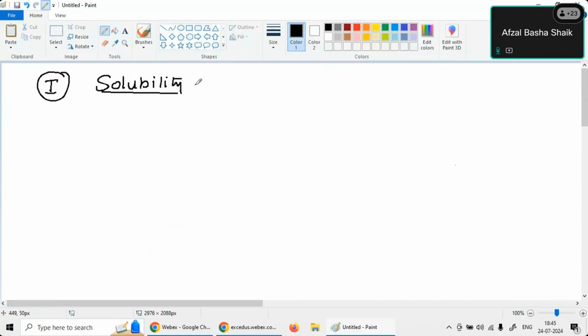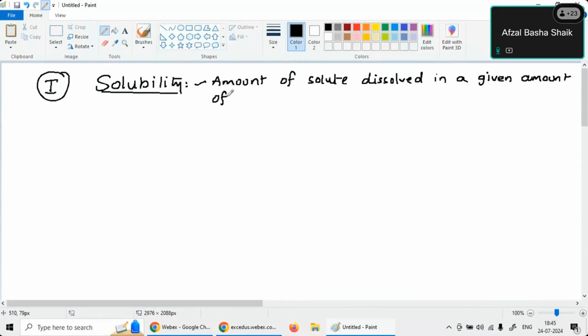Solubility is nothing but simply the amount of solute dissolved in a given amount of solvent. It is called solubility or solubilization, right?